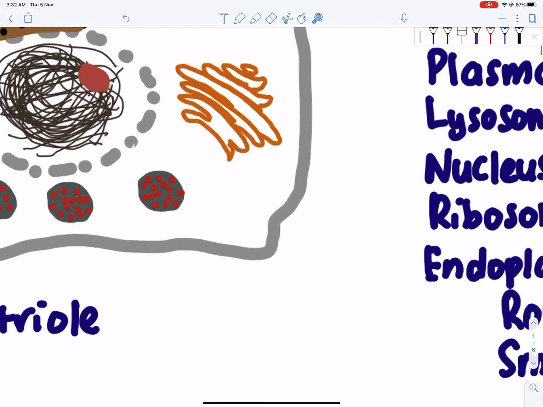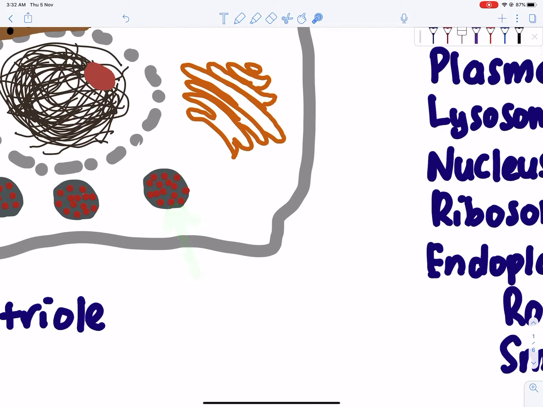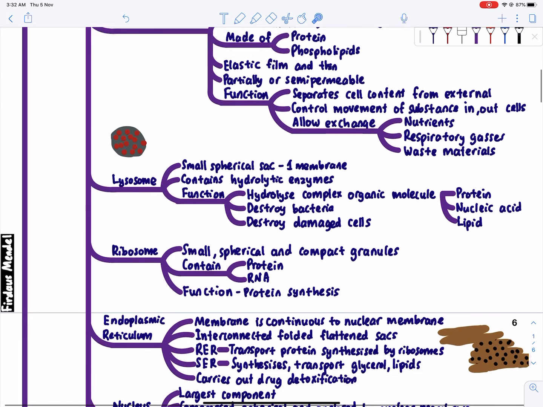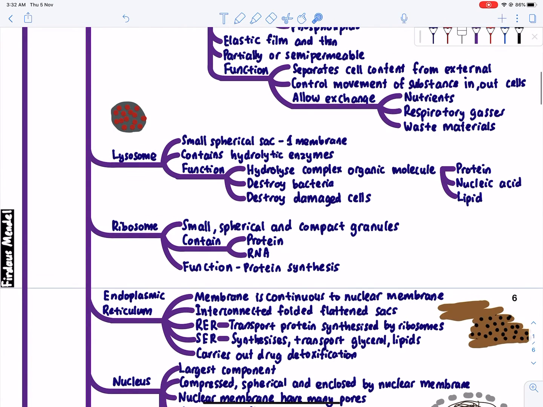If you look at this lysosome, inside it they have a dot. I want to show the enzyme. This enzyme is very important because it helps in the breakdown of the substance they engulf or connect with. It is a small spherical sac with one membrane that contains hydrolytic enzyme, the dot one.